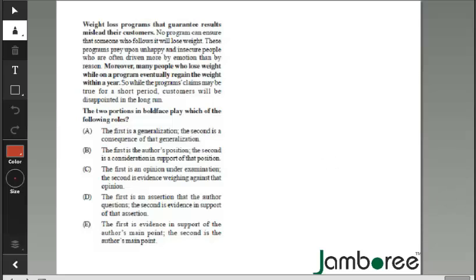Everybody can see this question, please attempt it. Don't look at the answer options right now, just try to understand. Let me highlight the boldfaces.